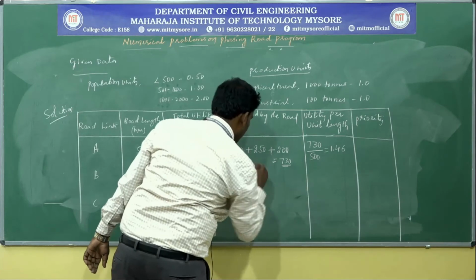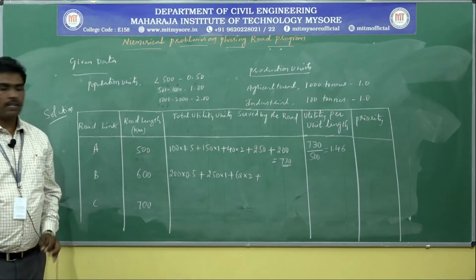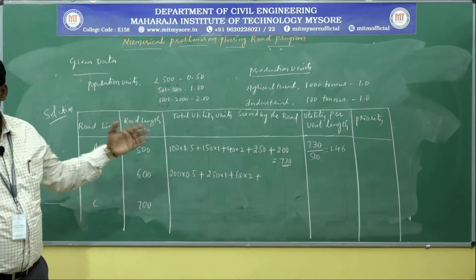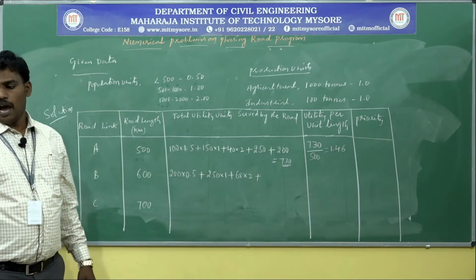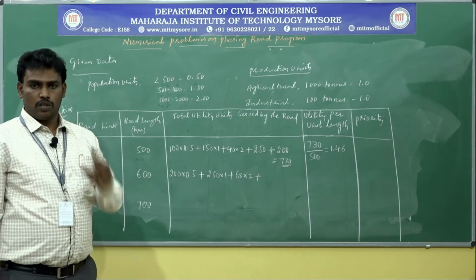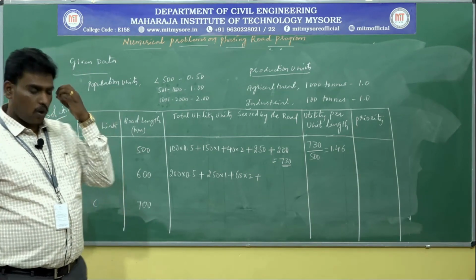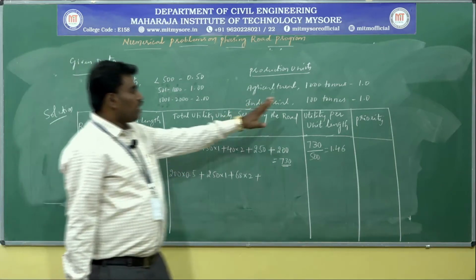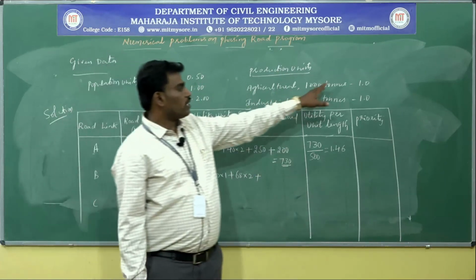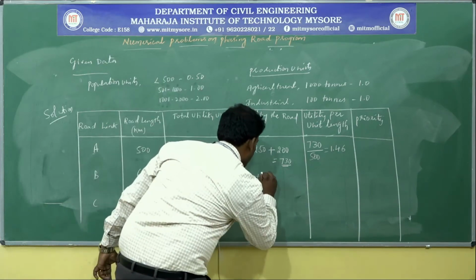For road link B, they have given agricultural products of about 320,000 tons and industrial products of 25,000 tons. Since 1000 tons is equal to 1 unit, 320,000 tons of agricultural products is equal to 320 units.